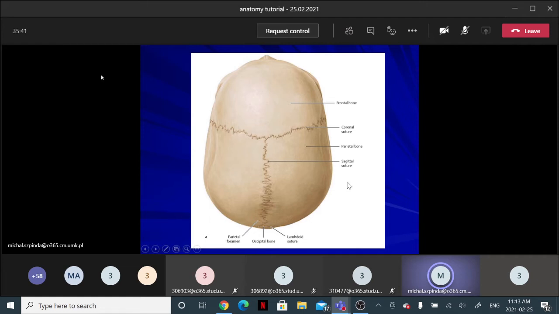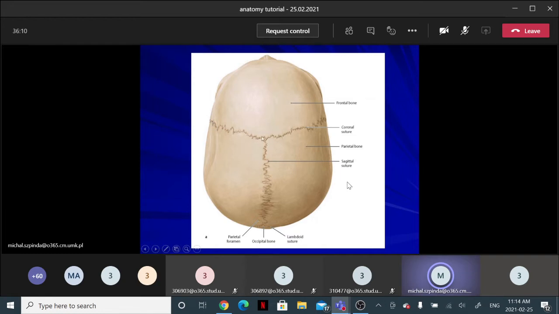In the skull, we have only 2 synovial joints, the temporomandibular joints. Apart from this, all remaining joints are fibrous. A specific kind of syndesmosis that refers only to the skull is called suture.